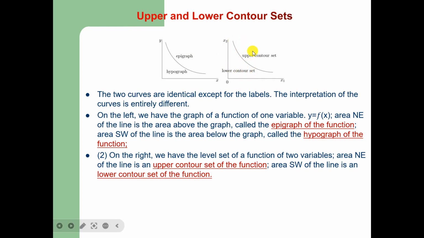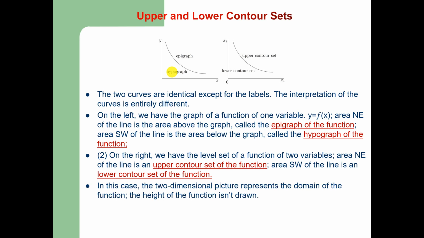So this is how we define upper contour set and lower contour set, and these should not be confused with epigraph and hypograph. In this case, the two-dimensional picture represents the domain of the function. The height of the function is not drawn.